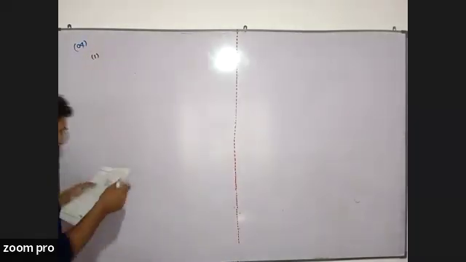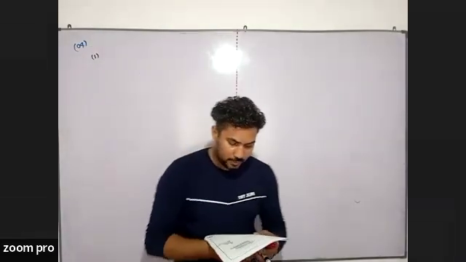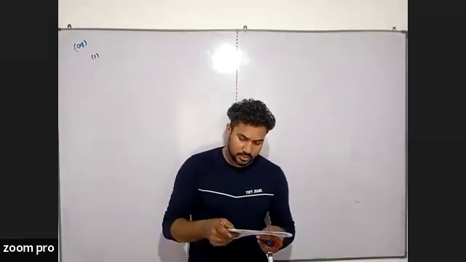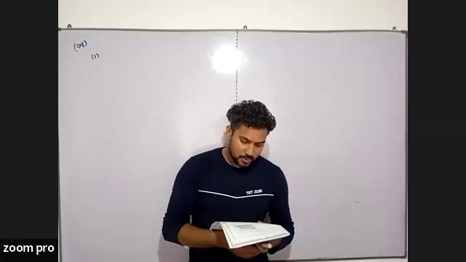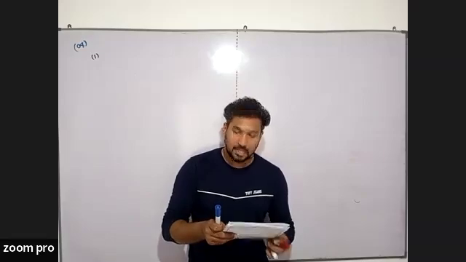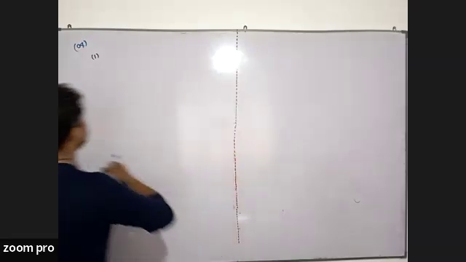First one. If delta P is the change in the linear momentum of an air molecule in a collision, the time it takes is delta t, and the mean unbalanced force acting on the air molecule by the bus is F, what is the relationship between these three quantities?